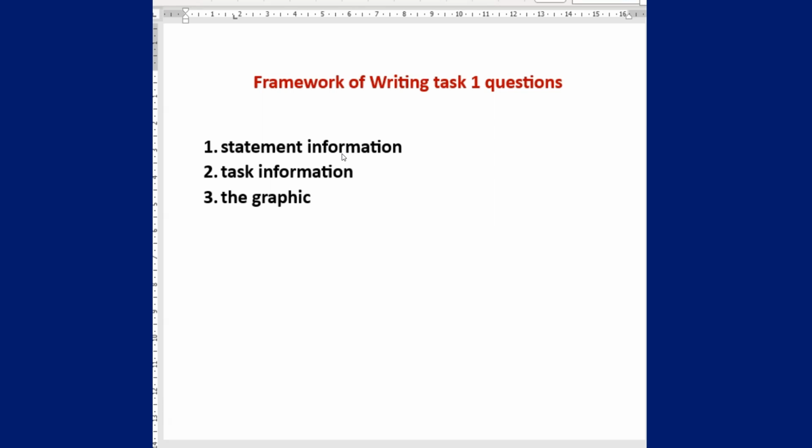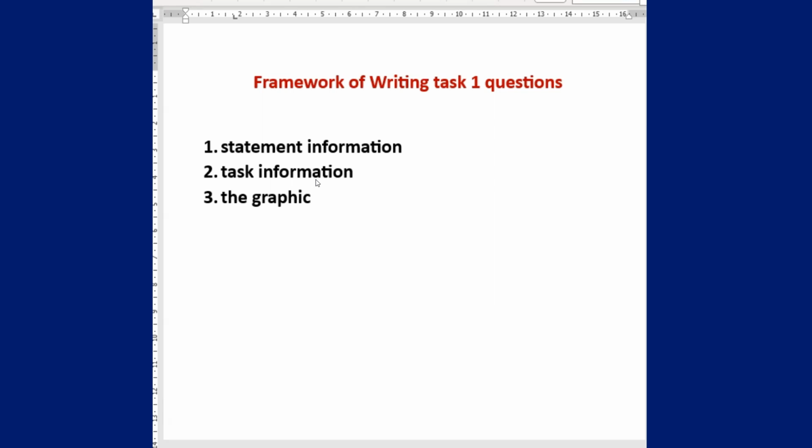So we stated that the first part will be just the question that you need to know and what the graph will be about. Now, the second part of the question will be the task information, which is the sentence which will tell the writer what to do. Thus, you are supposed to summarize the information by selecting and reporting the main features and make comparisons where relevant. It also states the minimum number of words that you need to complete the essay. That's at least 150 words.